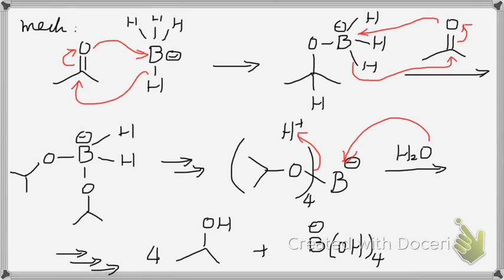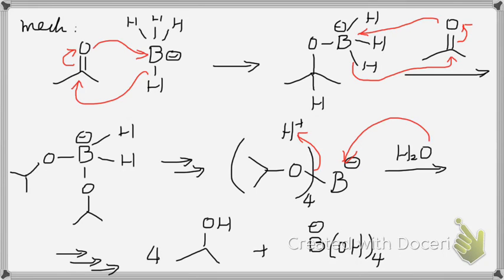It's actually pretty straightforward. You may have difficulty understanding why we have 4 equivalents reacting. If that's the case, I think what you need to know is only that hydride from boron can be delivered to the carbonyl carbon.